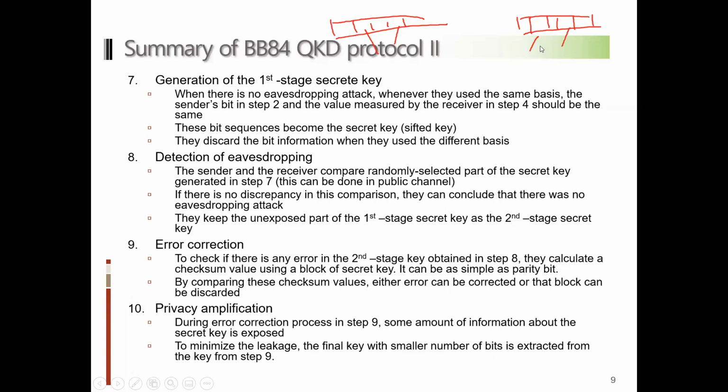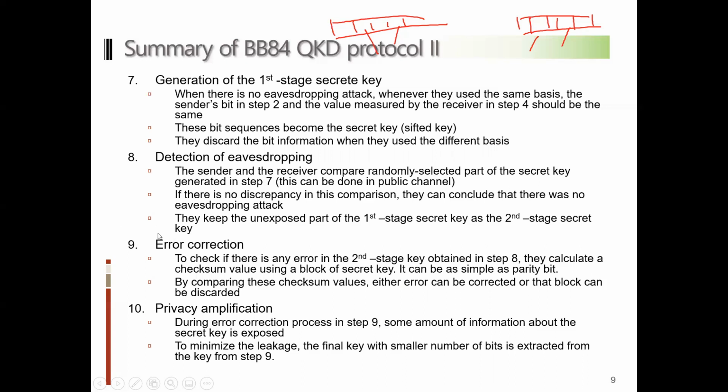If there is any mismatch, they can conclude that around that time there has been some eavesdropping attack, and they will either discard the entire block or follow some kind of pre-agreed procedure. That's what the ideal QKD describes.